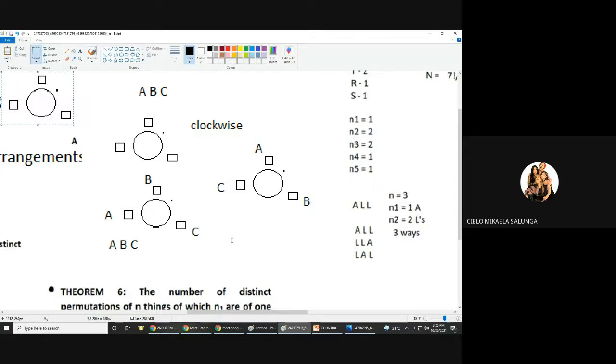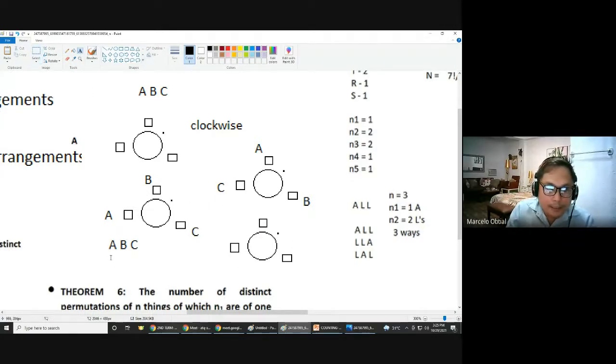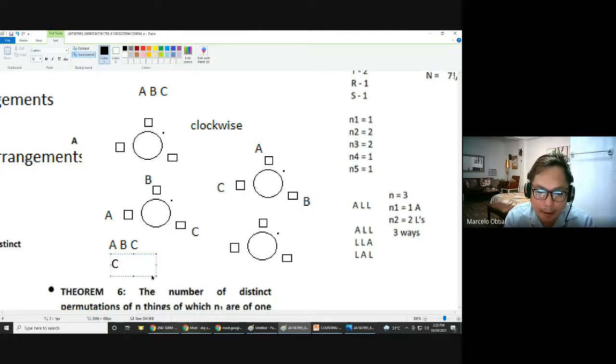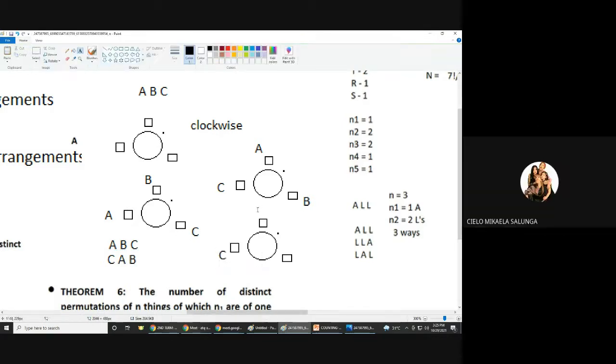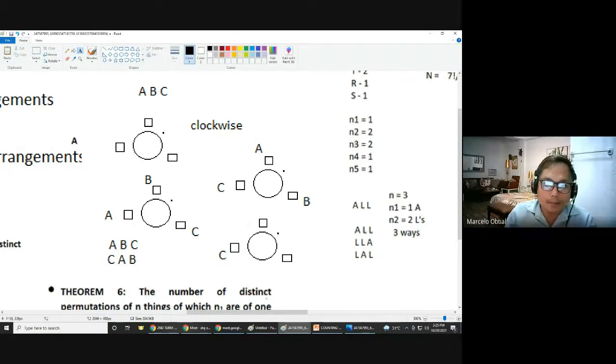BCA po, sir. Okay, I will enumerate here, class, ha? C, A, B, yung second niya. Tapos yung third is CBA. Ano yun siya? Shelo, CBA, no? BCA po.